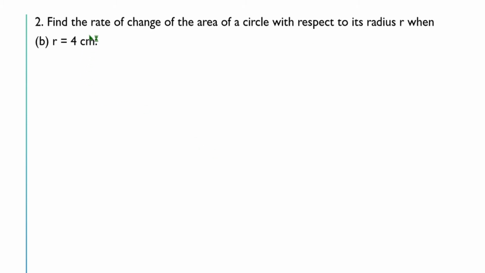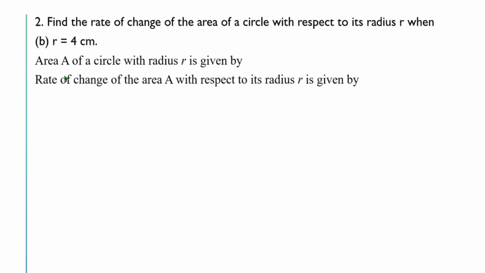The next one, find the rate of change of area of a circle with respect to its radius when r is equal to 4 centimeter. So again, the area A of a circle with radius r is given by A equal to pi r square. Rate of change of area A with respect to r is dA by dr, that is equal to 2 pi r.